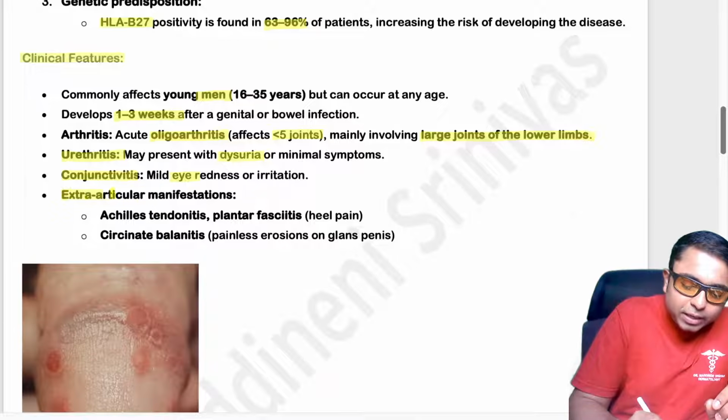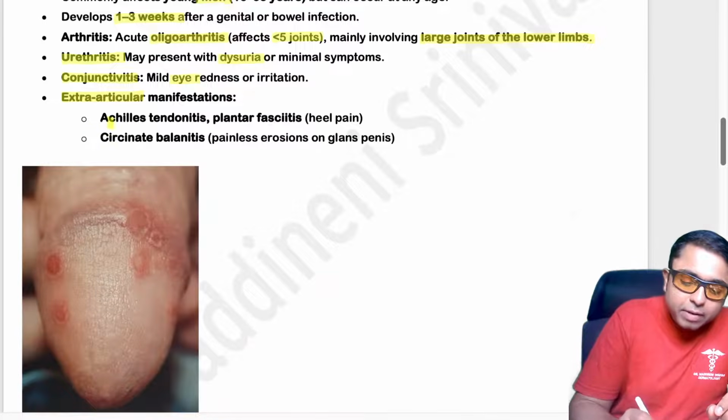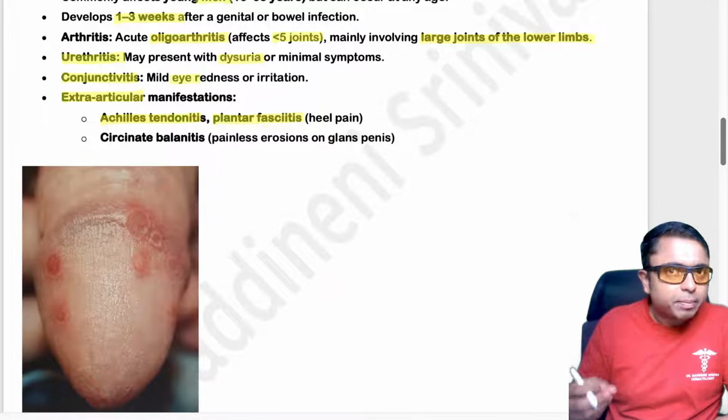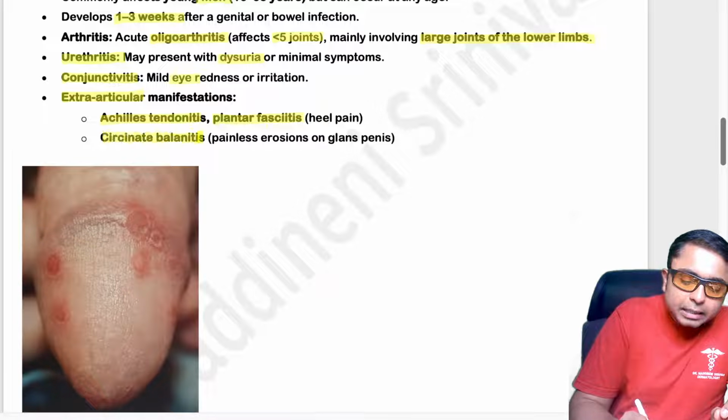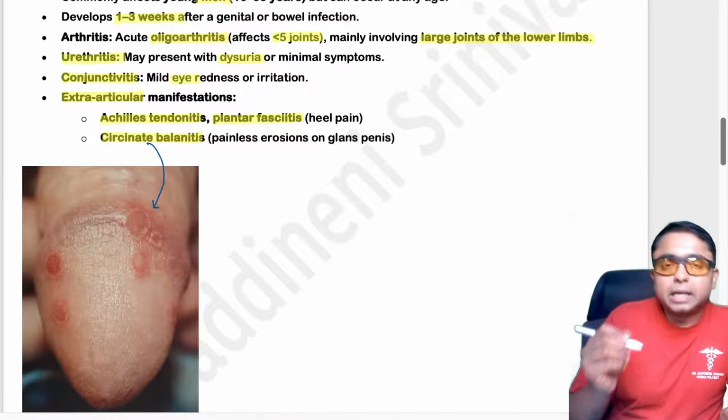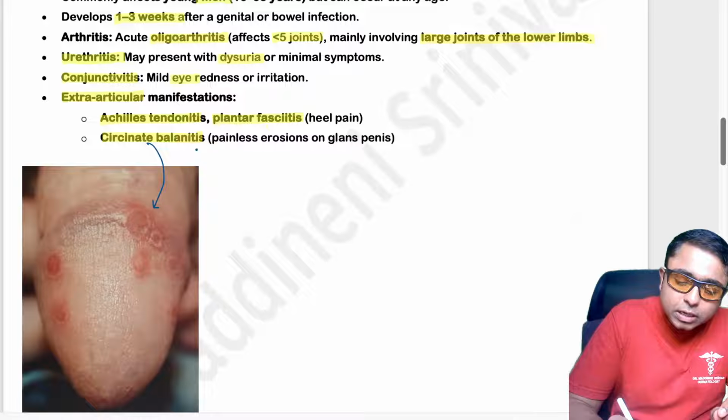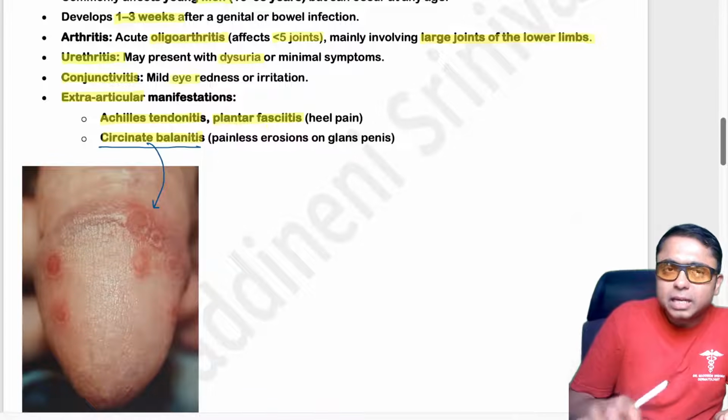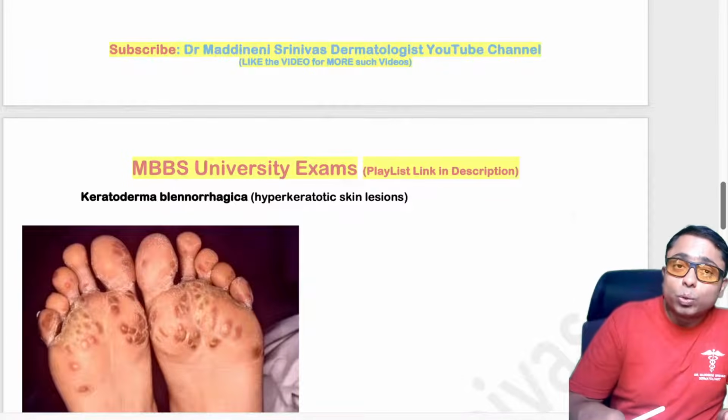Among the extra-articular manifestations, the patients can have Achilles tendonitis and plantar fasciitis, so there can be heel pain. In dermatology, you can see circular areas over the glans penis. These are called circinate balanitis, which are absolutely painless erosions.